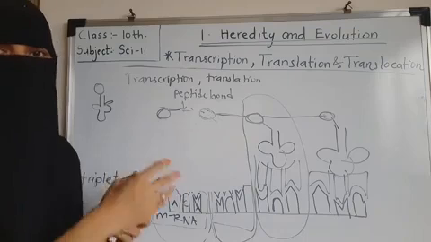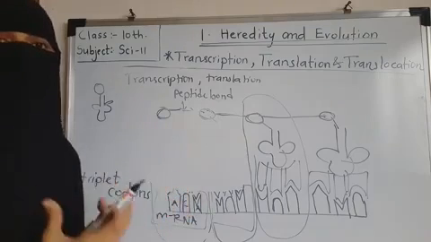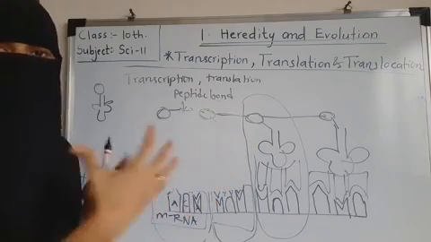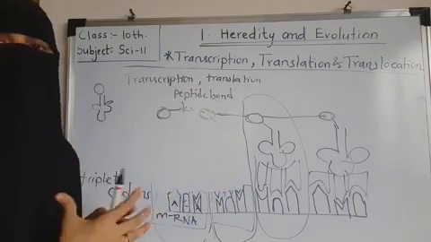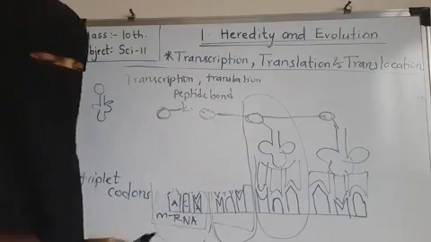Since it has peptide bonds, it is also called a polypeptide chain, and many such polypeptide chains come together and form complex proteins. Understood?